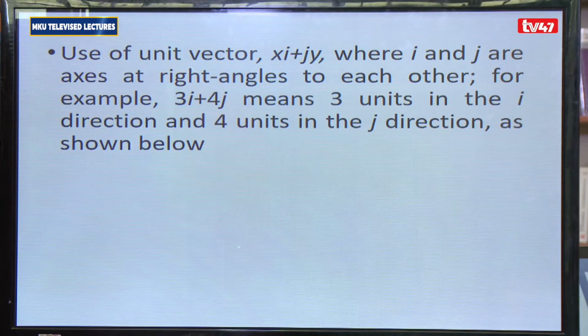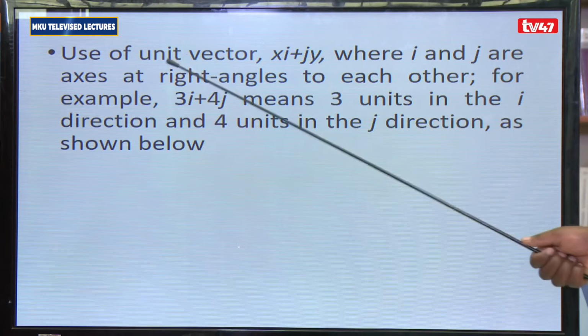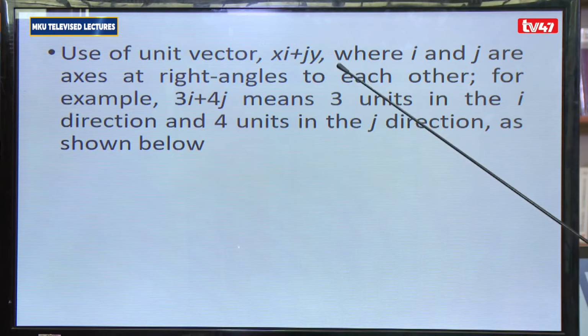Also, if you have a vector drawn on a Cartesian plane, then you may use unit vectors, which have a magnitude of 1, such that you have the x coordinates and the y coordinates. This is another way of showing a vector quantity, where i and j are the axes at right angles to each other.